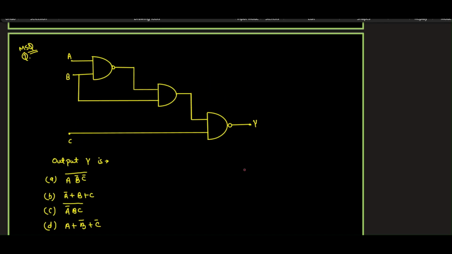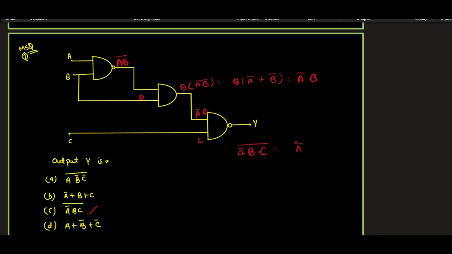This is an MSQ. Output Y is, let's see, (A B)' and this is B plus (A B)', B times (A B)', this is B times B bar plus B bar, which is A bar B. So yeah, I am getting A bar B, and this is C. This is A bar B times C whole bar.